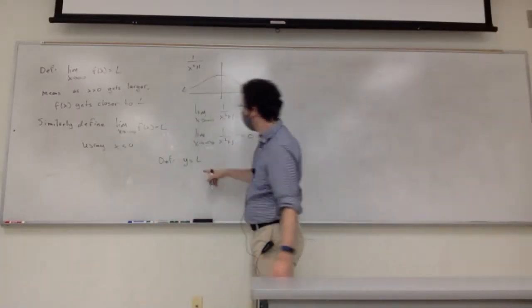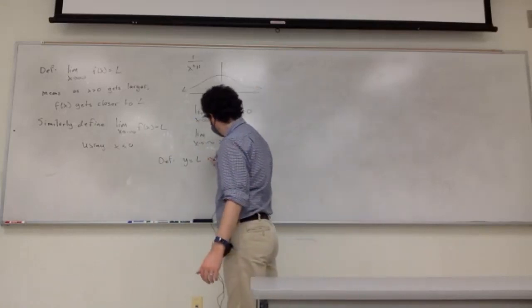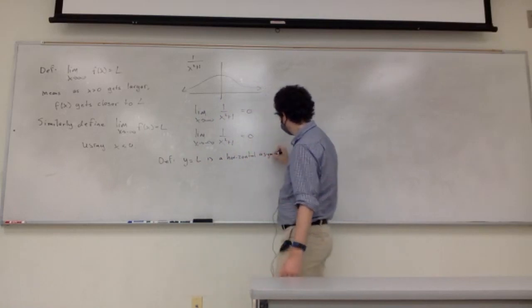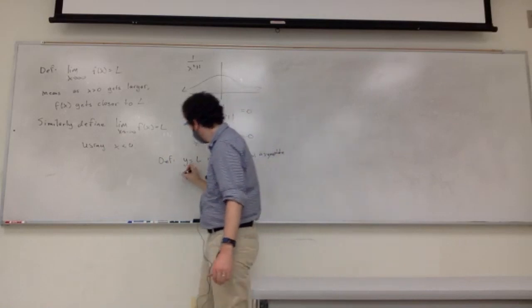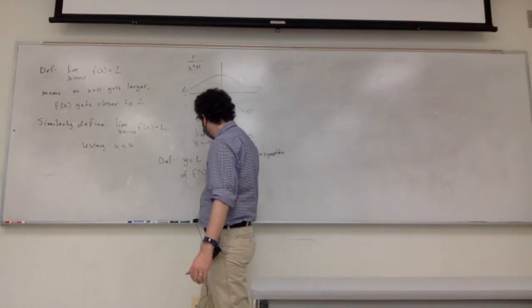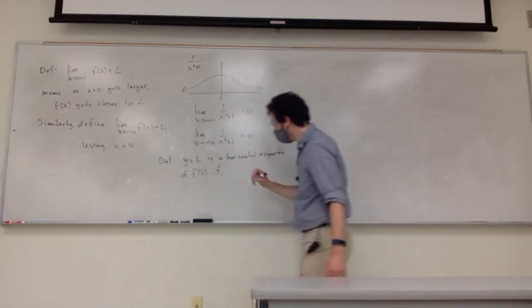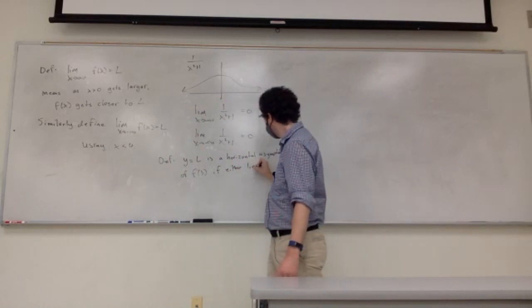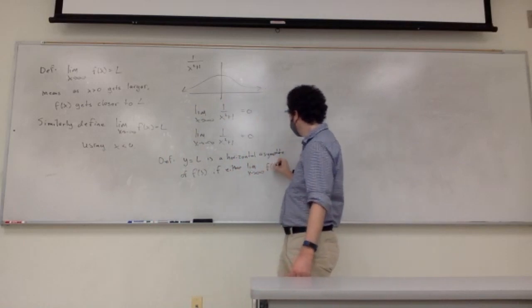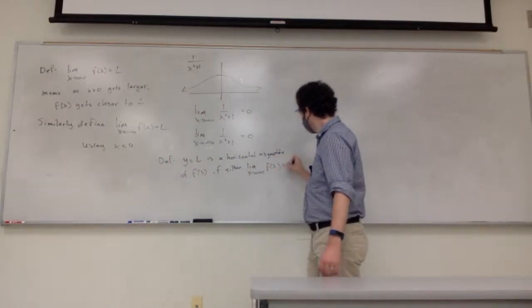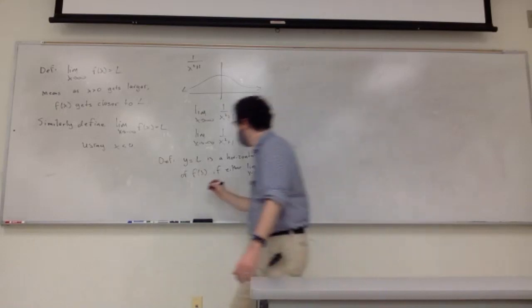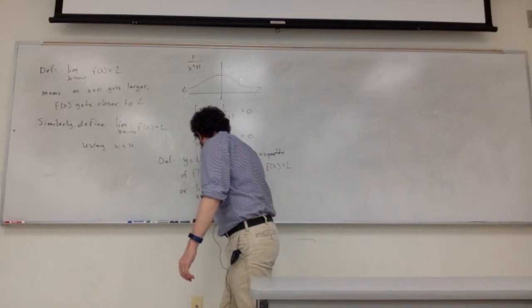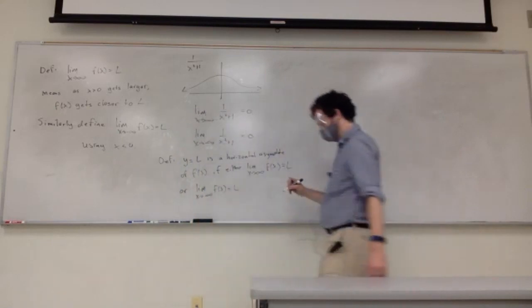So y equals L, a horizontal line, is a horizontal asymptote of some function f if either the limit as you go to infinity of this function equals L, or the limit as you go to minus infinity of this function equals L.